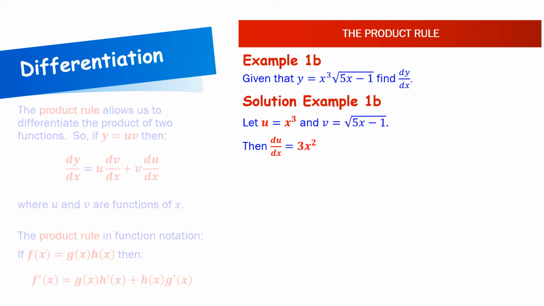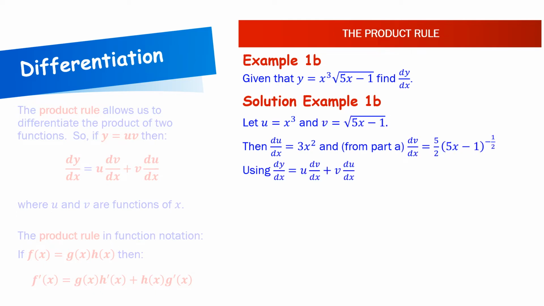Now differentiating u equals x cubed gives us du dx equals 3x squared. And from part A we have that the differential of root 5x minus 1 is 5 over 2 times 5x minus 1 raised to the power minus a half. And so we can apply the product rule.